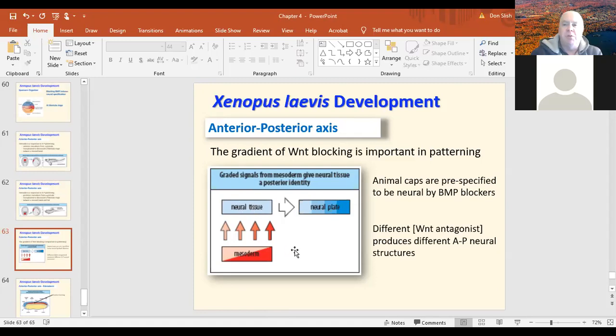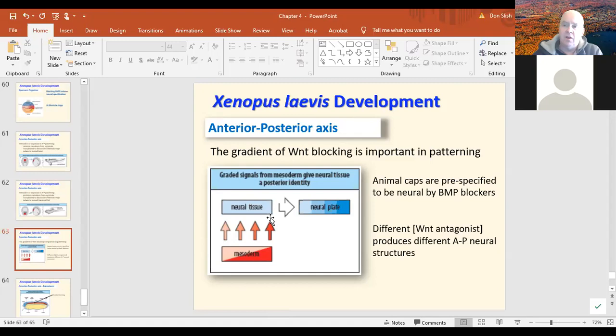And so what this is showing, this is slide 63, is that you can do this experimentally where first you take an animal cap, ectoderm, epidermal ectoderm. First you hit it with a BMP blocker to make it into neuroectoderm, and then you hit it with a certain concentration of Wnt blocking activity, okay? And you get another animal cap and hit it with higher, another animal cap, hit it with higher.